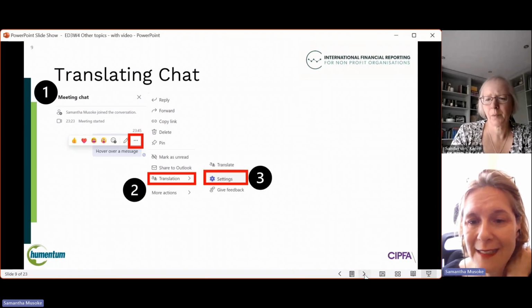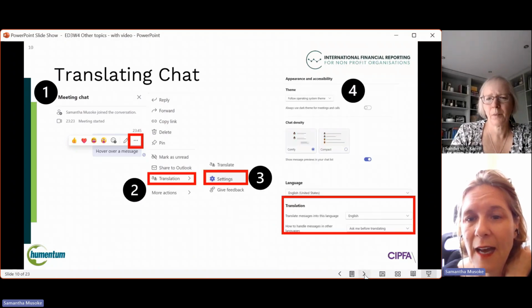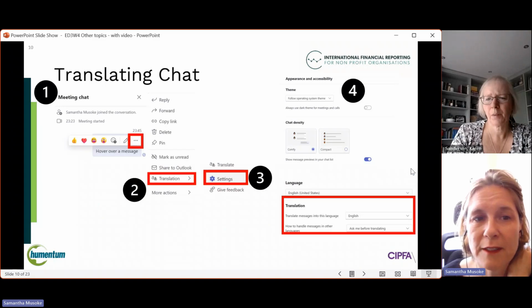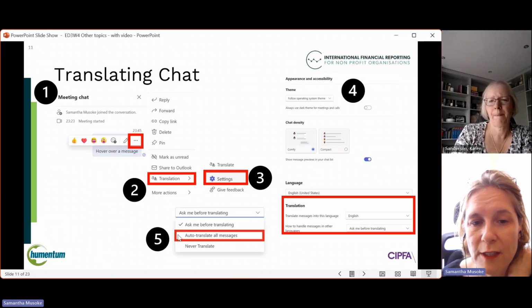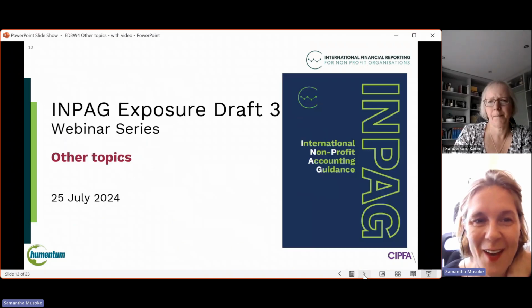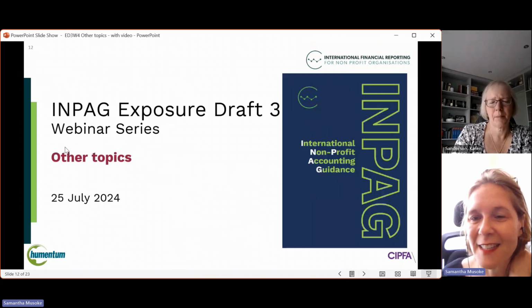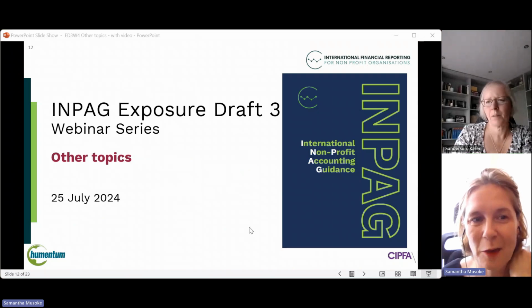You can click Settings, and then it takes you to the Appearance and Accessibility menu. When you scroll down, you get to the language settings, and you can translate messages into whichever language you pick. And then for how to handle other messages, you can auto-translate all messages. As I said, the instructions are in the chat if that's helpful.